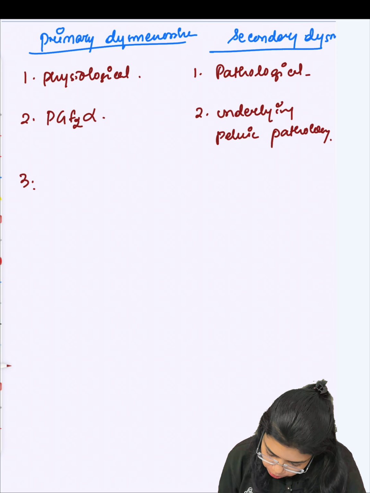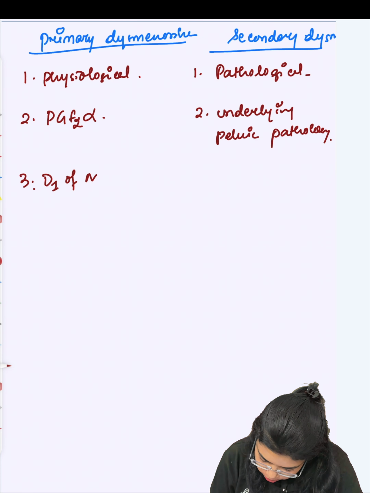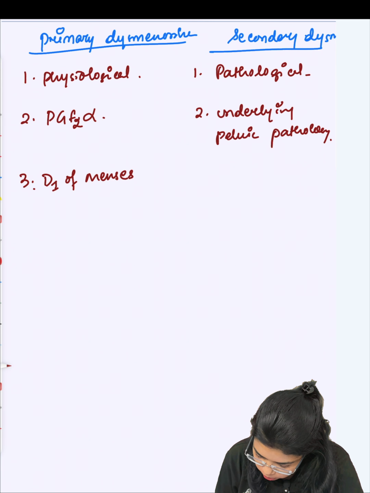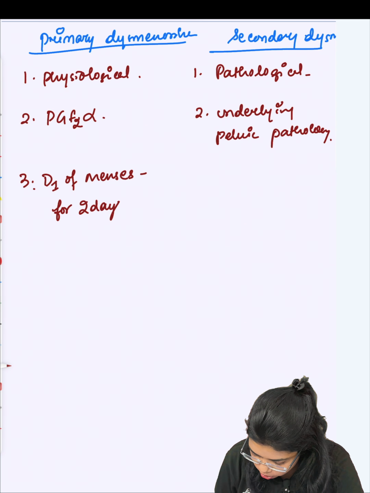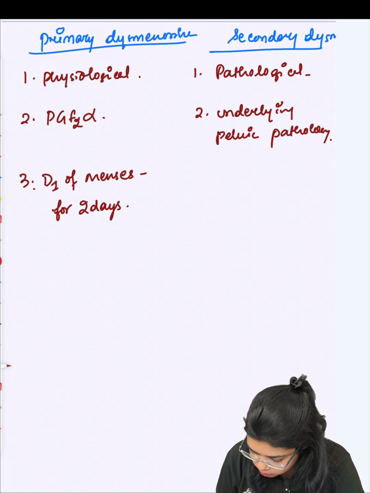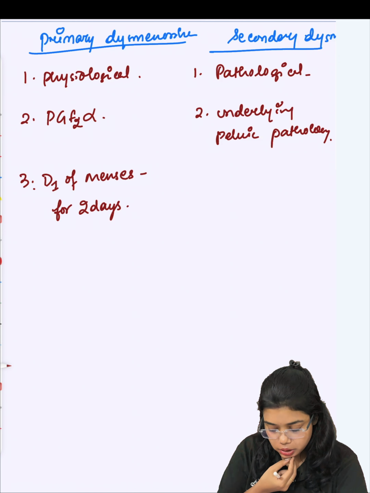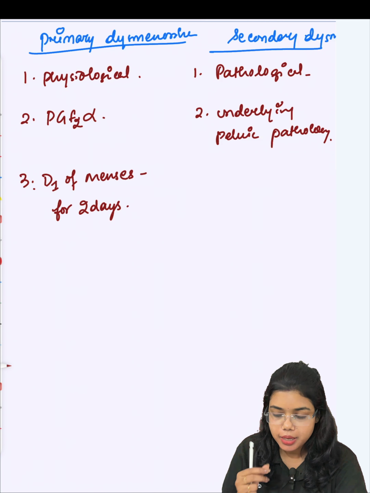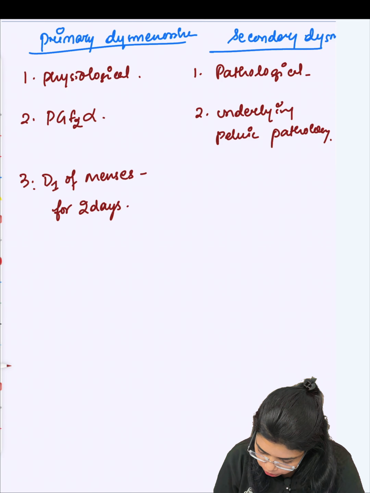What is the time when primary dysmenorrhea occurs? It starts on day 1 of menses, may start within 12 hours, and lasts for 2 days. And what about secondary dysmenorrhea?